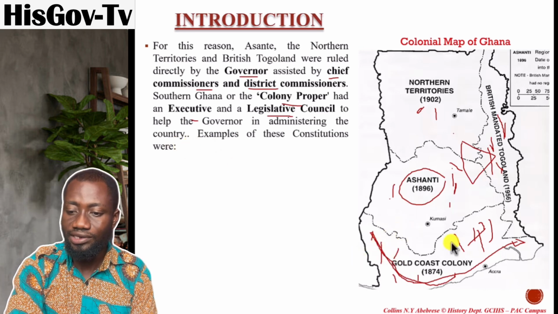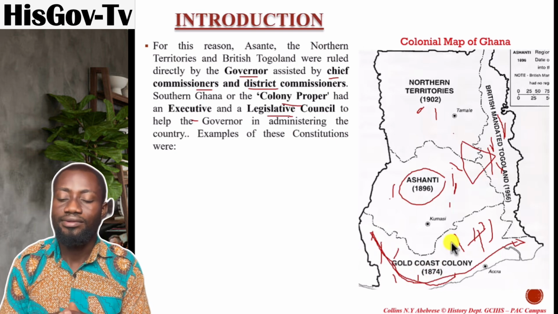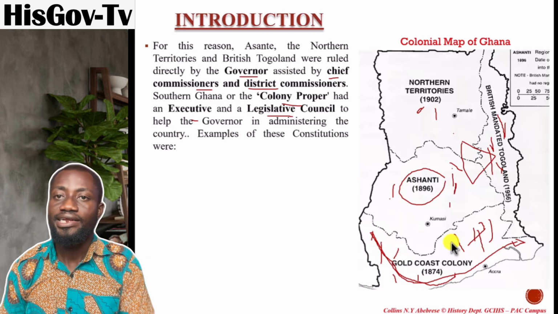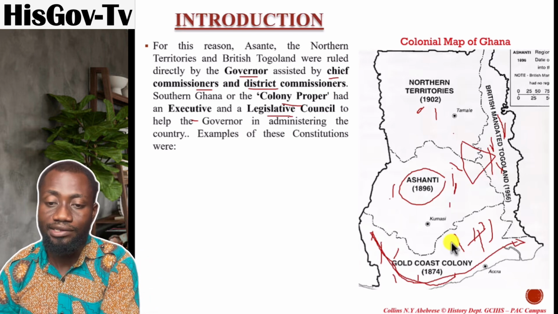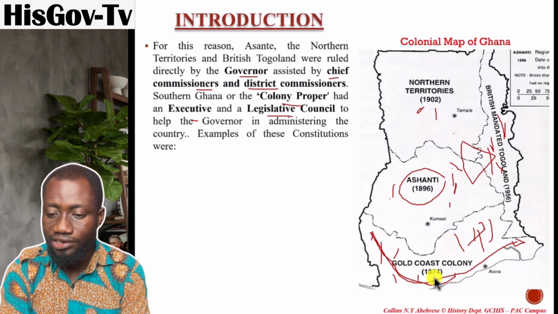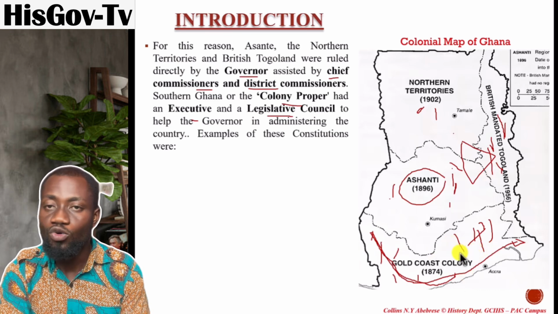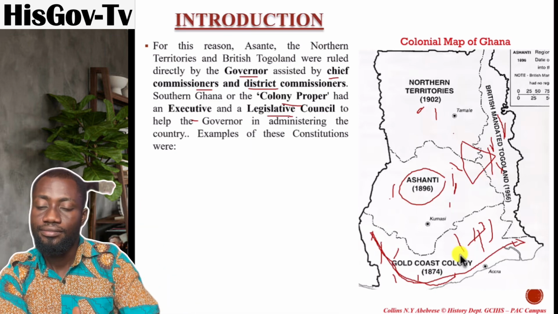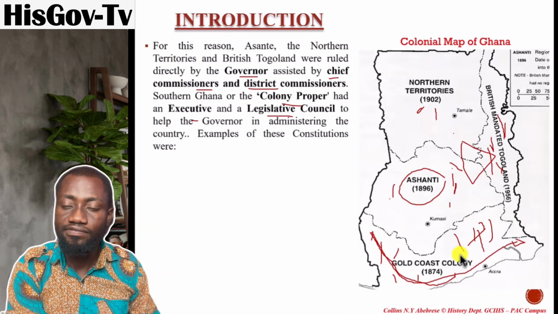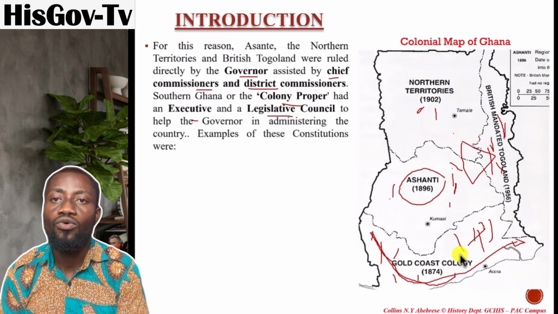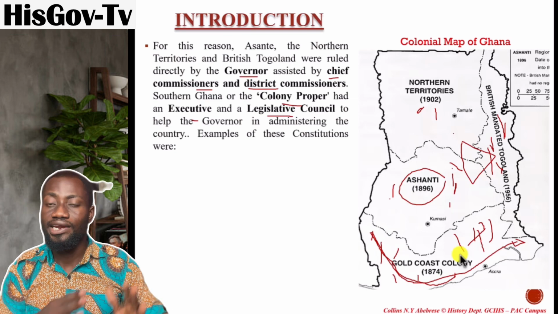So you see that if there is an executive and a legislative council, then it should tell you that proper governance was actually taking place in the Gold Coast, that's the southern state. Executive council was there, the legislative council was also there, and I believe you know the role of the executive and the legislative council.